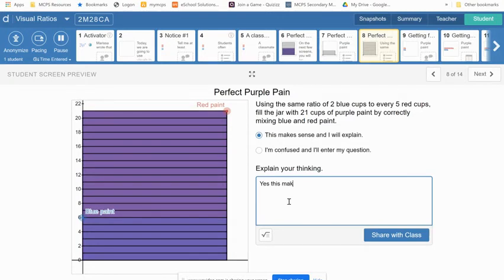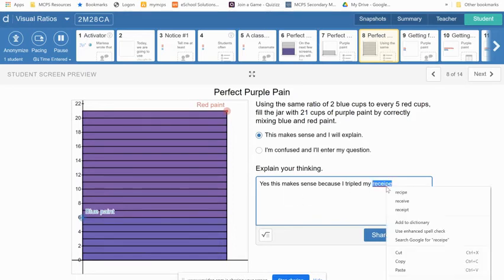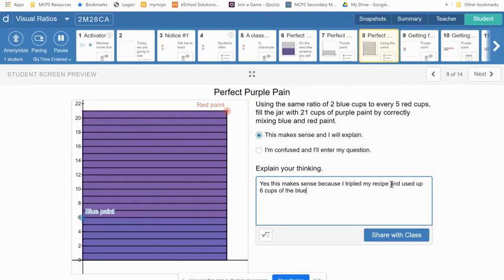Yes, this makes sense because did I double or did I triple my recipe? I did this 3 times, 3 rounds. So because I tripled my recipe, if we started at 2, triple 2 is 6. 2 times 3 is 6. 6 cups of the blue paint.